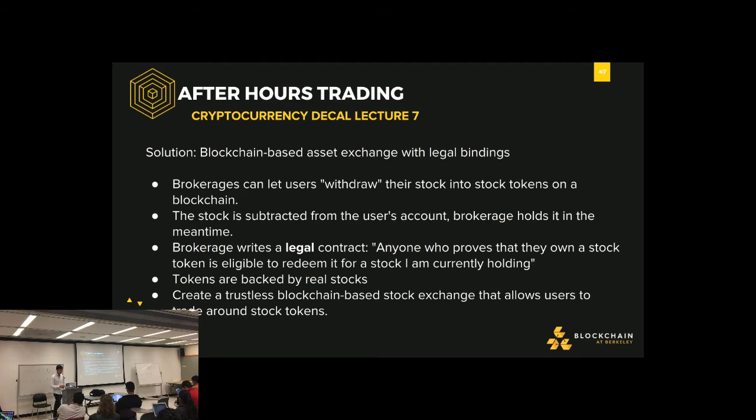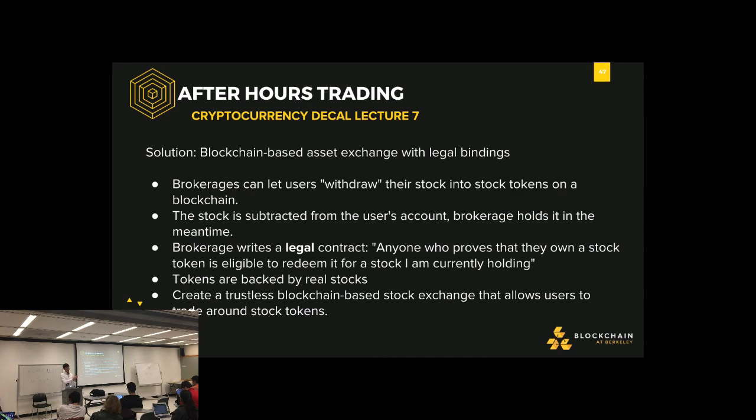So the solution is that you can implement a blockchain-based asset exchange with legal bindings from the exchange, the actual assets, to the brokerages themselves. The mechanics would be that these brokerages let users withdraw their stock into stock tokens on a blockchain, and this stock would be subtracted from the user's account, and in the meantime the brokerage is just going to hold it.